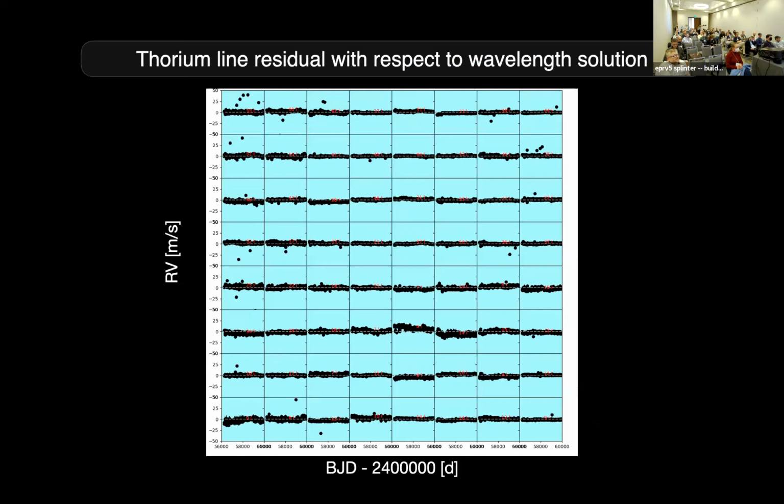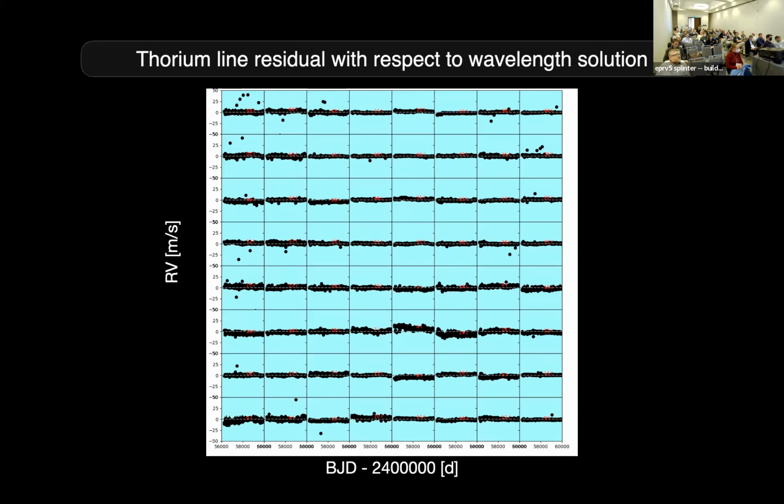Then the problem is, how does this behave on the long term, right? Because if on the long term your spectrograph moves a lot, then perhaps you can have some deviation and this polynomial cannot fit for all of this. So here I just took the detector and divided it into 64 different cells, okay? And what I look at over time, so here you have 10 years of HARPS-N, basically, is the thorium lines, and what the residuals are between the position of the thorium line and what the wavelength solution gives me for those lines.